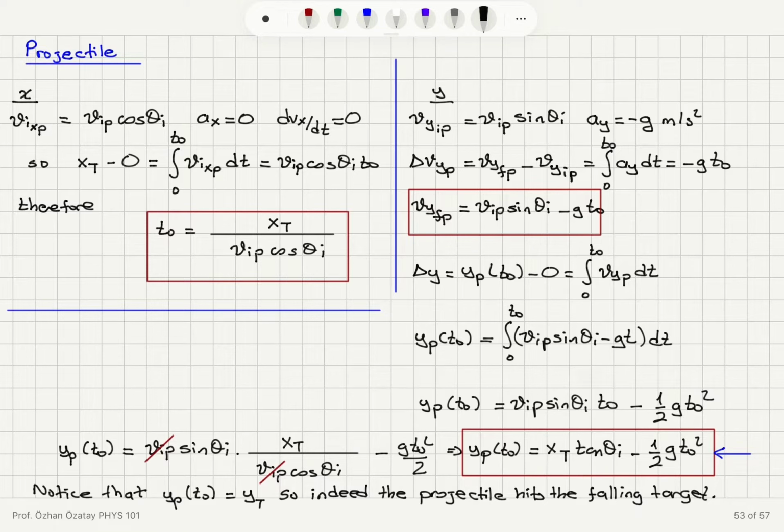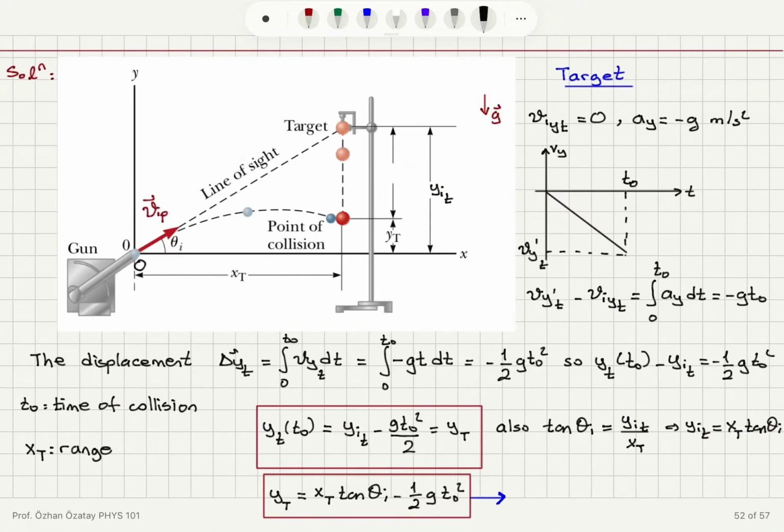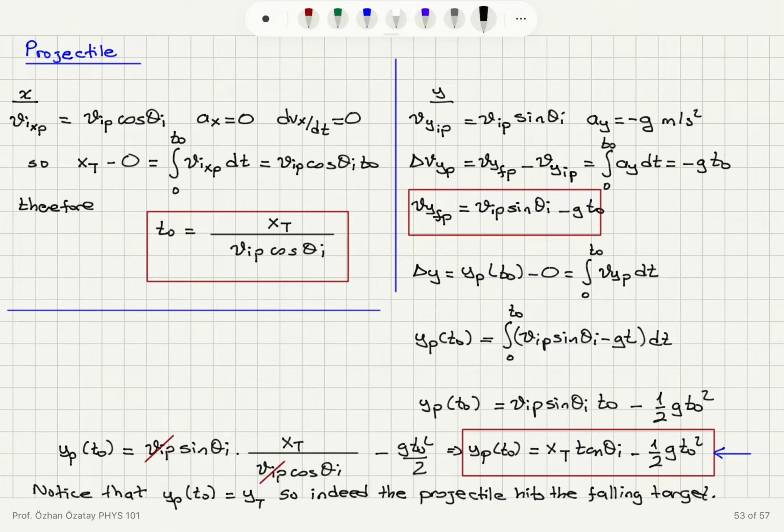And then we looked at the y component, which is under an acceleration of minus g meters per second squared, and we can determine the final position of the projectile at time t equals t0 by looking at delta y, which is the integral of the velocity of the projectile dt between 0 and the time of collision. And we have seen that the final position of the projectile matches the final position of the target, therefore they will hit.